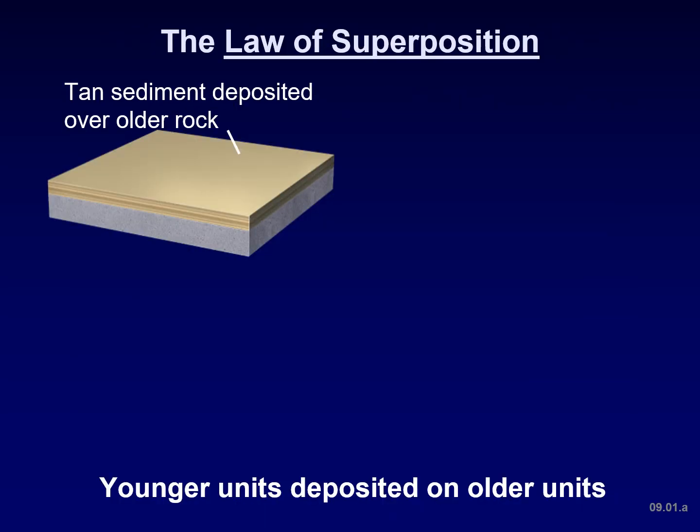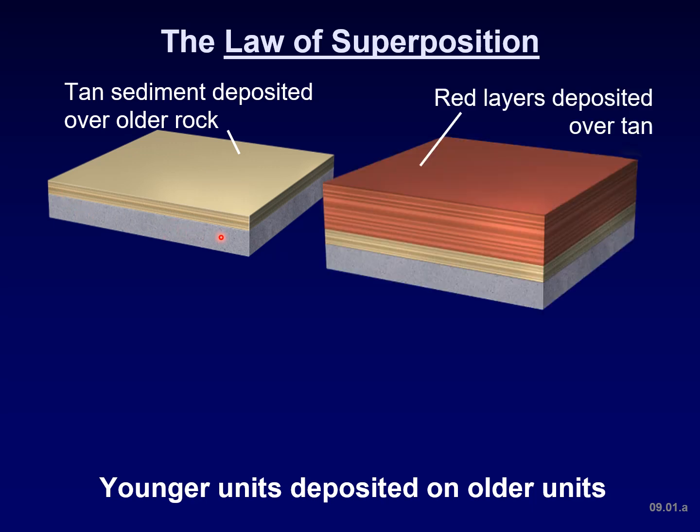Then we have the law of superposition, and basically this states that younger units are deposited onto older units. So up here in the top left, we have a tan sediment deposited over some older gray rock here. Then some red layers are deposited over the tan layers.